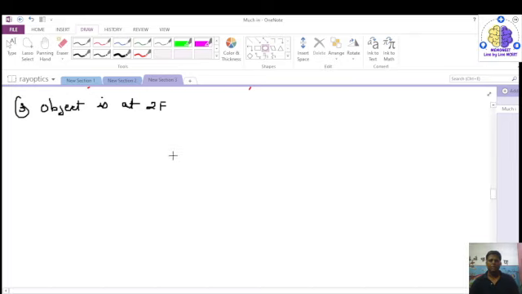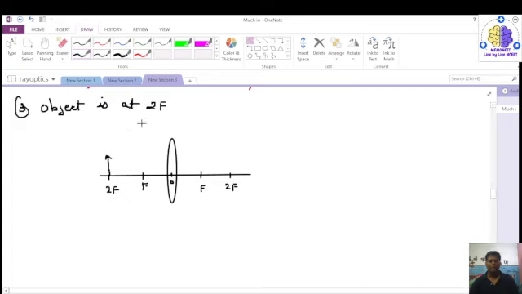So if this is the convex lens and this is the principal axis, right? Let this be the optical center, this be the focus, let this be 2f. Similarly on the other side, this be the focus, and let this be 2f, and the object is placed at the 2f position.